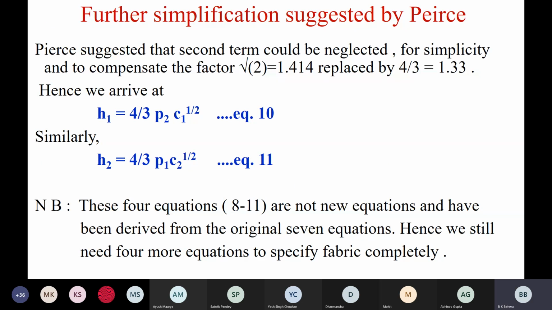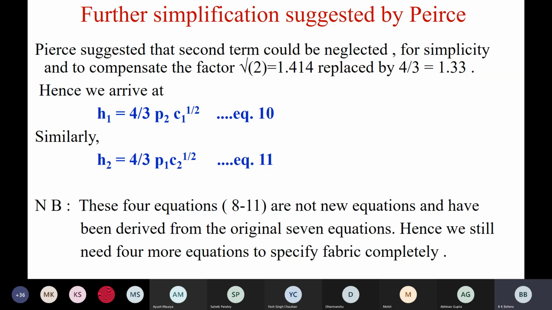But remember, these four equations 8, 9, 10, 11 are not new equations. Our basic equations are only those 7. We have only derived these 4 from those 7. Of course, under certain assumptions, we have neglected higher power of C and a couple of more assumptions. Hence, we still need 4 more equations to specify the fabric completely.